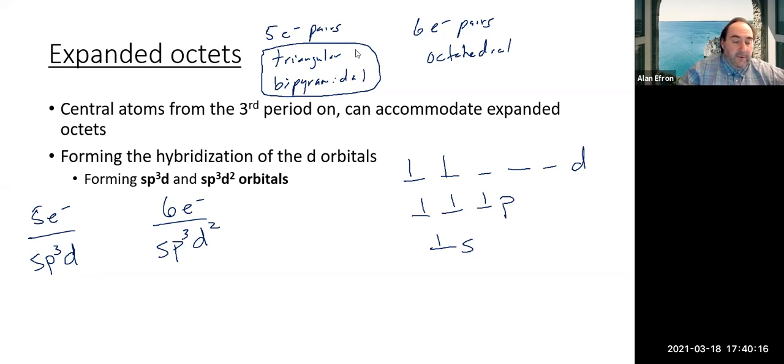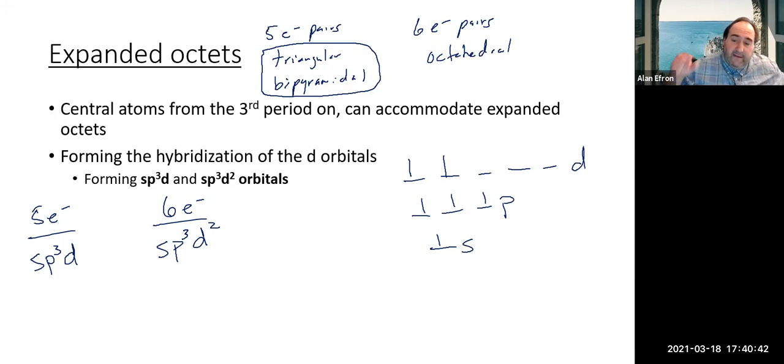The other really important thing that we talked about in terms of geometry is this: when we're doing geometry, and again, only when we're doing geometry, if you come across a double bond or a triple bond in your Lewis structure, we treat the double bond or the triple bond as if it were a single electron pair and a single bond.